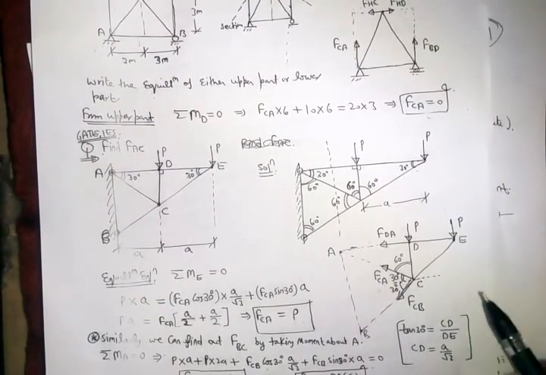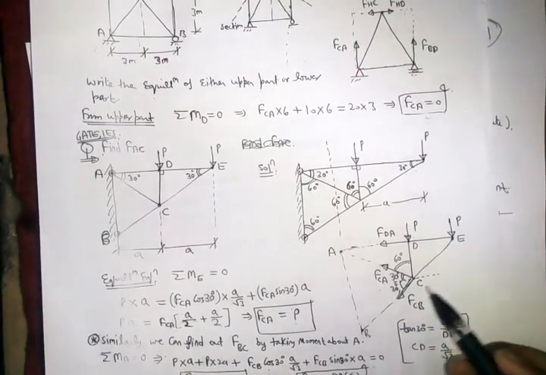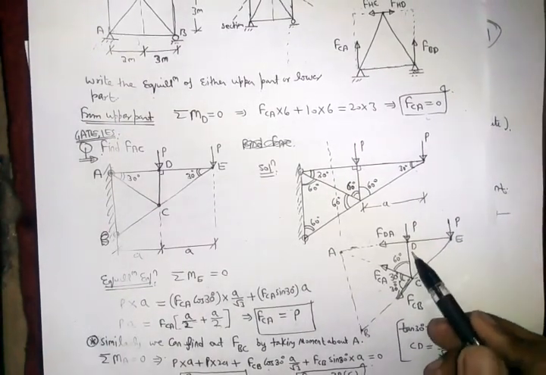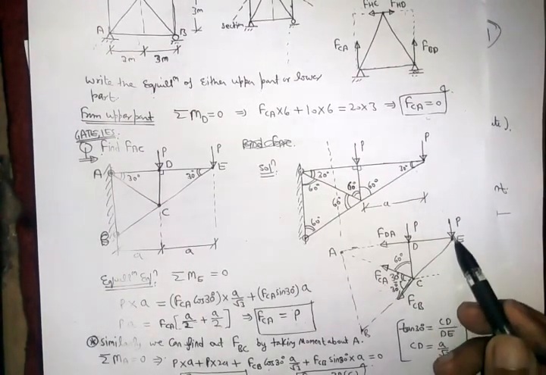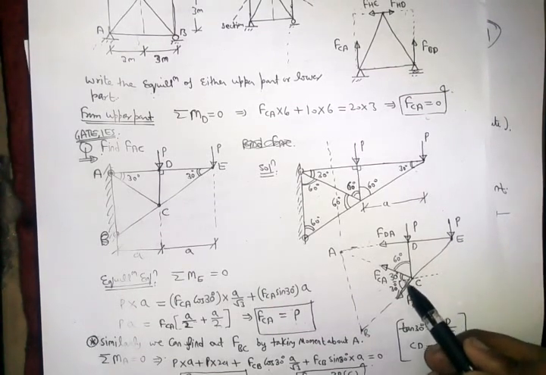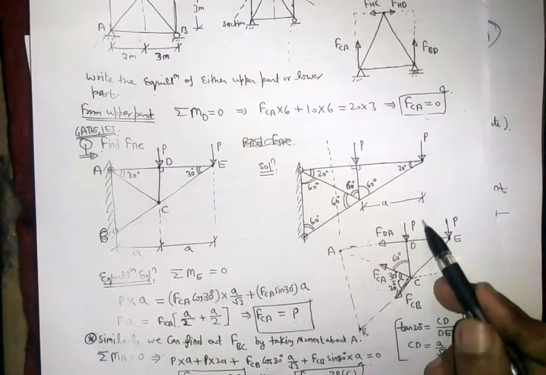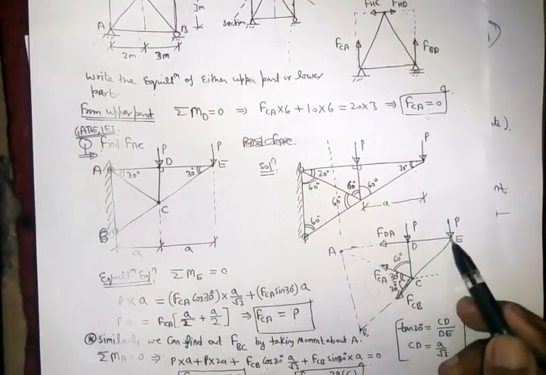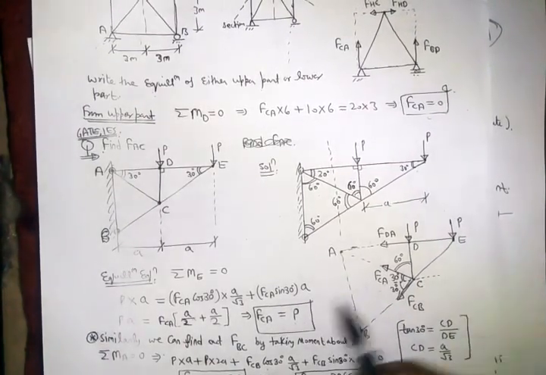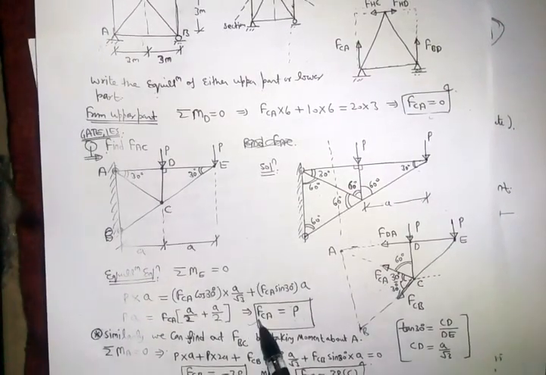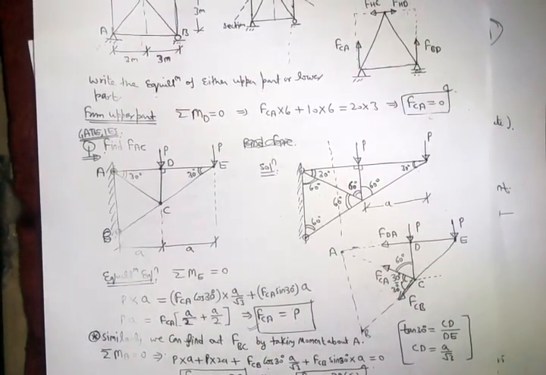So if I take moment about this point, it will be FCA cos 30 into A by root 3, plus the other component, FCA sin 30 into this distance A, equal to P into A. So I can find out FCA equal to P, right?